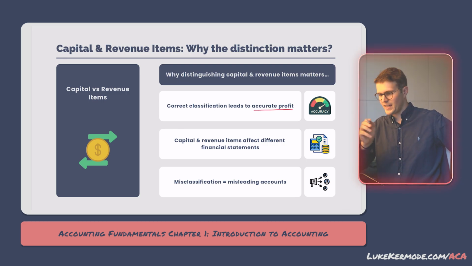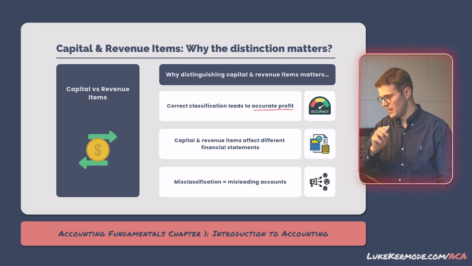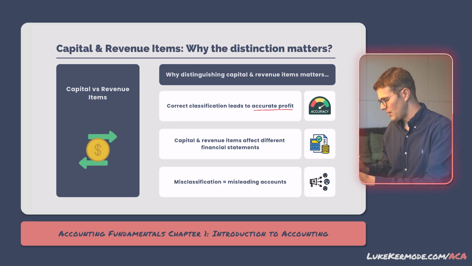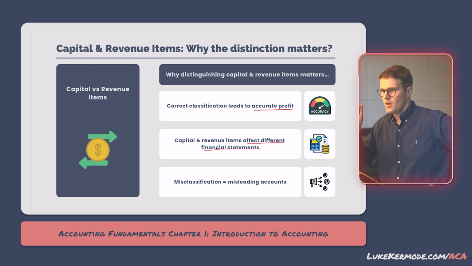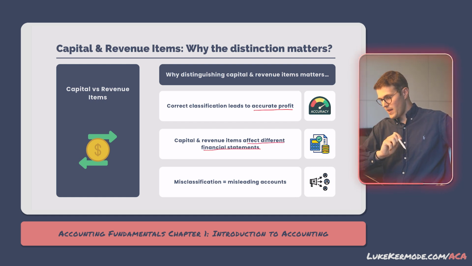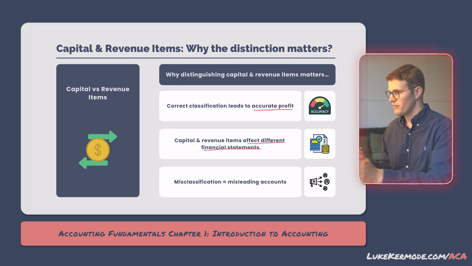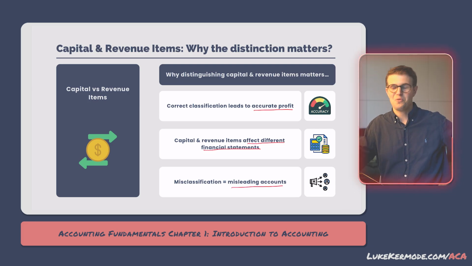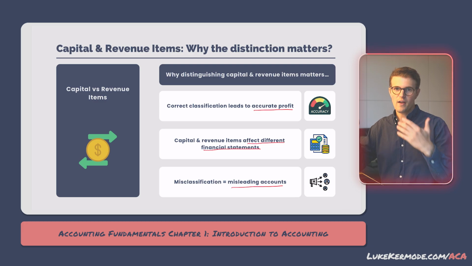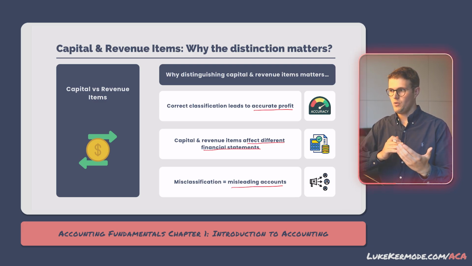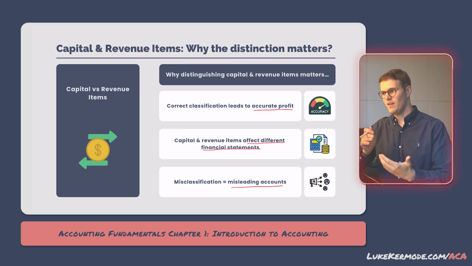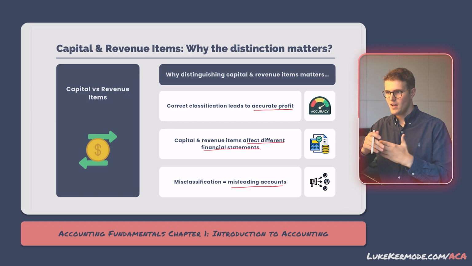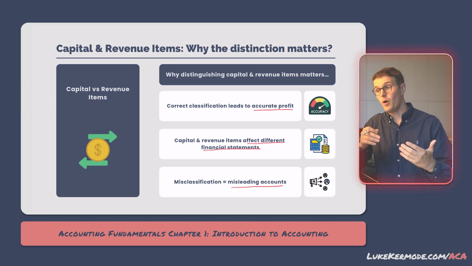If we wrongly treat a capital expense as a revenue one or vice versa, it could seriously distort the accounts. We might accidentally overstate profits, understate assets, or even end up misleading investors, regulators, or tax authorities. So this is why the terms capital and revenue are used consistently in financial reporting standards and why understanding them is actually really practically quite important.